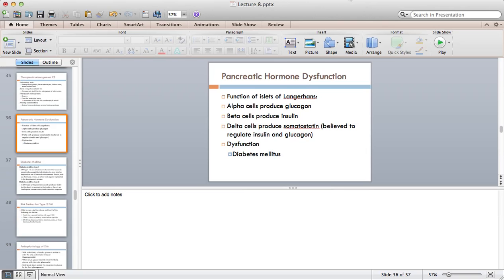So any dysfunction of the pancreas will result in diabetes mellitus, while diabetes insipidus is the posterior pituitary gland. Diabetes mellitus, dysfunction of the pancreas.